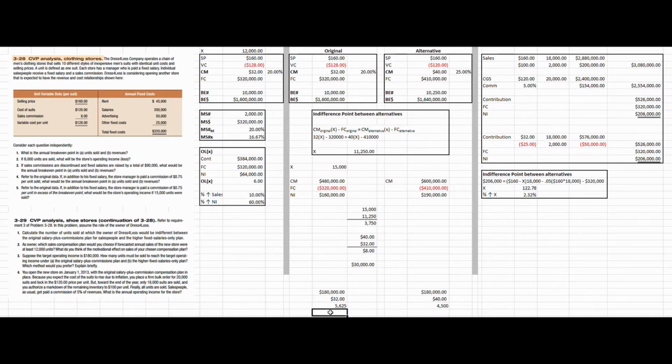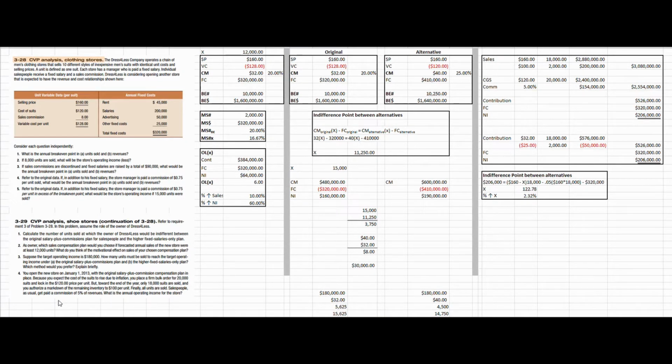We were talking about volume of 10,000 units, 15,000. So this is consistent with what we already understand that's going on. In other words, in order to generate a given level of profit, we're going to get to that level of profit quicker if we're talking about volumes that are in excess of this with this cost structure right here.